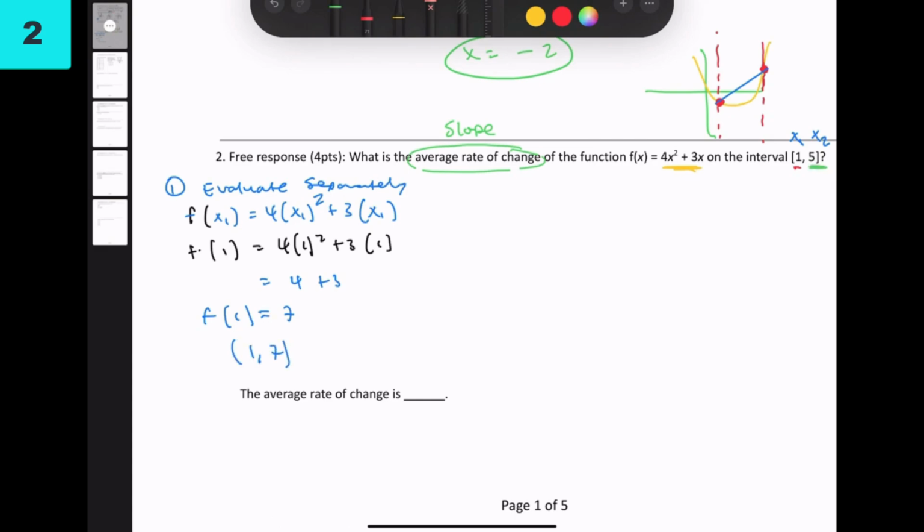All right, let's go ahead and do now the x2 value. And x2 value is 5.